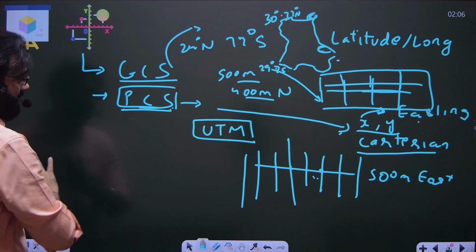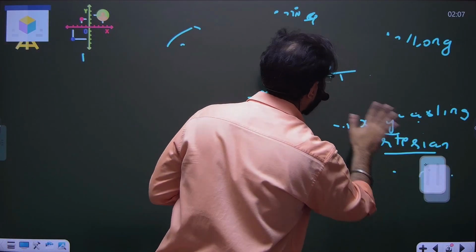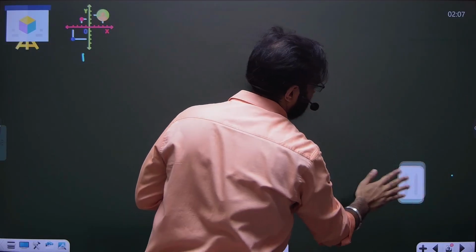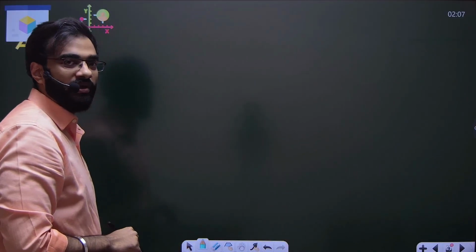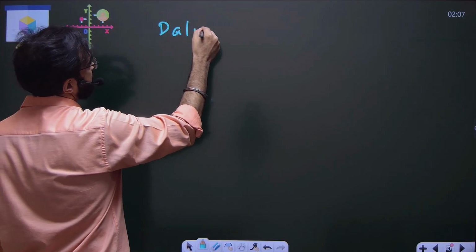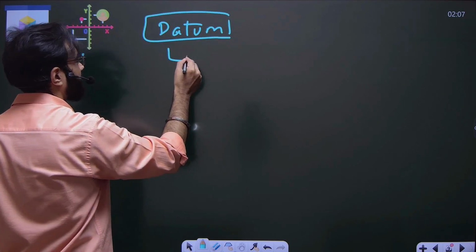Okay. Now another important aspect is the address of Earth and then the particular location. So you might have heard of this term, datum. Okay, what is datum?